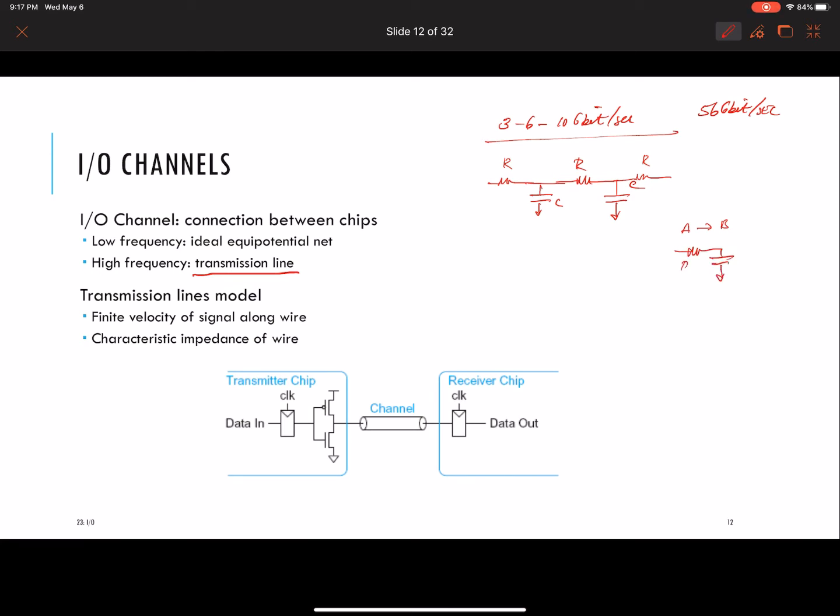These are circuit approximations, like a resistor, a capacitor, etc., of electromagnetic phenomena. So this is a low speed and physically small model or approximation. Let's say it looks like an RC circuit.